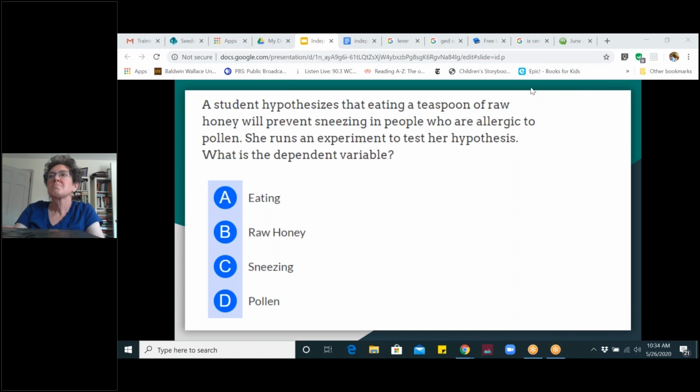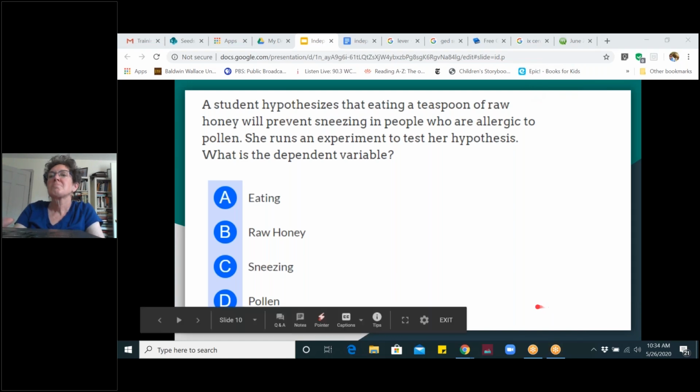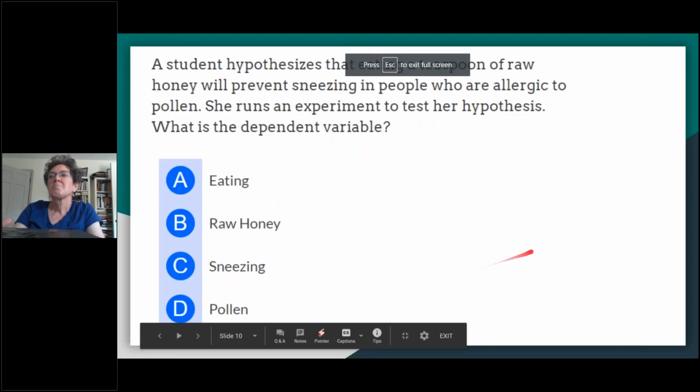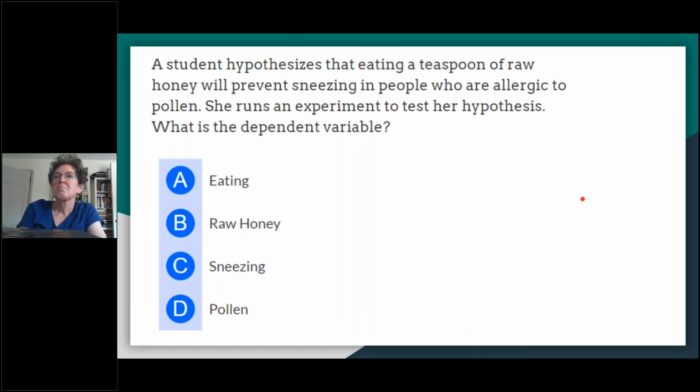Like, if I have a medicine that I'm trying out, and I give the medicine to one person and the person gets better, did that person get better because their own body's immune system made them get better or because the medicine helped? I don't know.